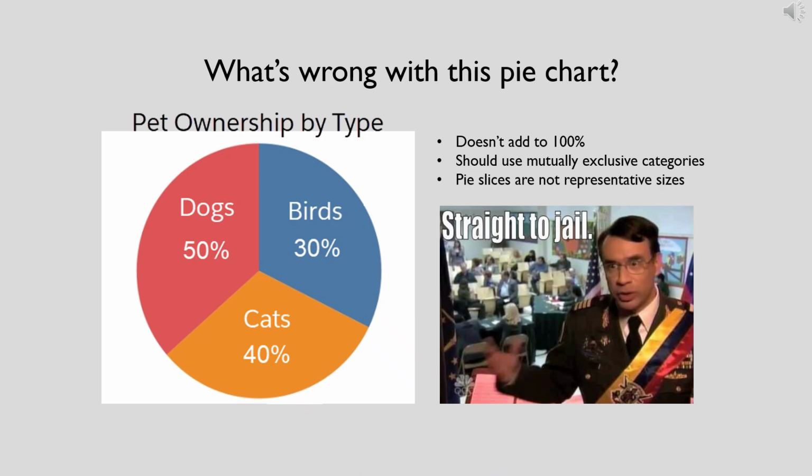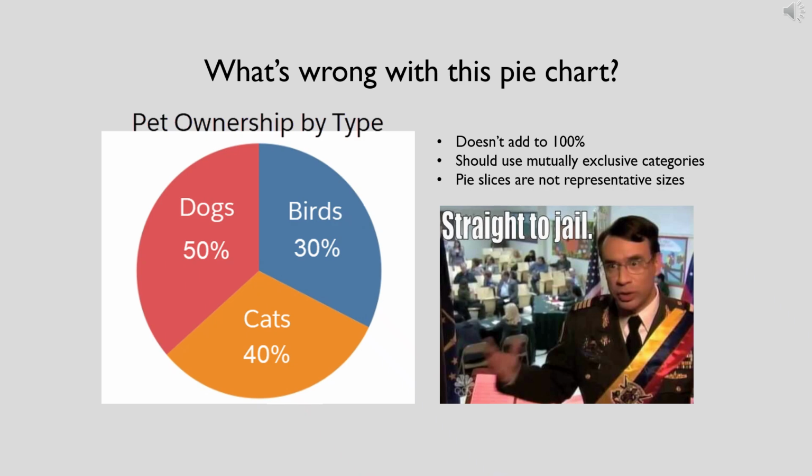But no, they're saying that 50% of people in this sample own dogs, 30% of people own birds, 40% of people own cats. The problem with this data is they're not mutually exclusive because people can own multiple different kinds of pets, obviously, right? So already they're in trouble because you want to use categories that are mutually exclusive, therefore all of them combined do add up to 100%.